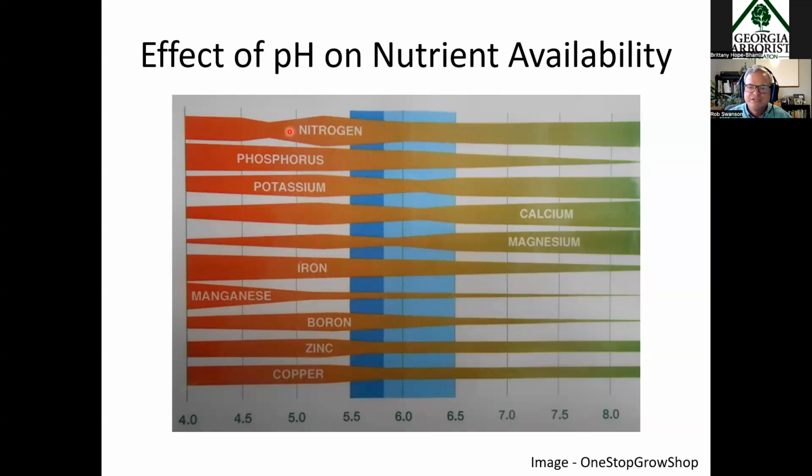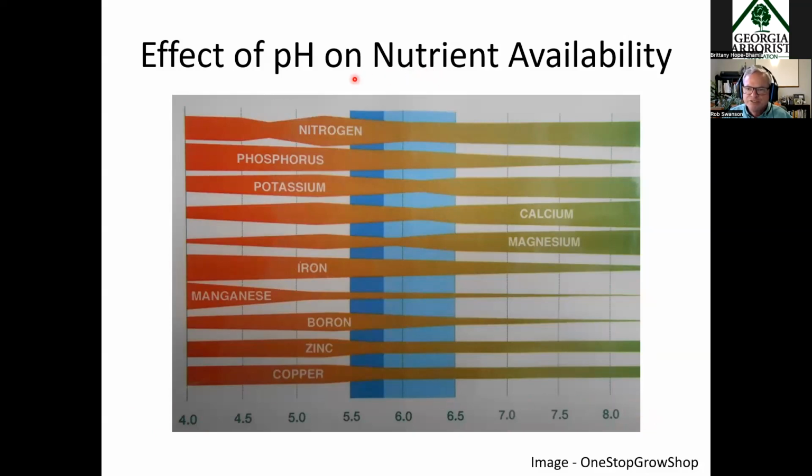So nitrogen has a couple of little anomalies in it where availability will drop off at certain pHs, but nitrogen is pretty much available throughout the spectrum, except somewhere around 4.75, which you might actually find in North Georgia. You would probably never find a 4 unless you are looking at strip mining activity, and you would hardly ever find an 8.5 somewhere.